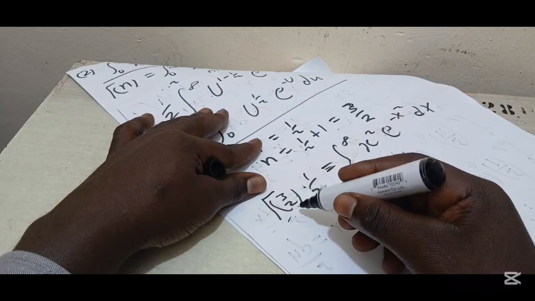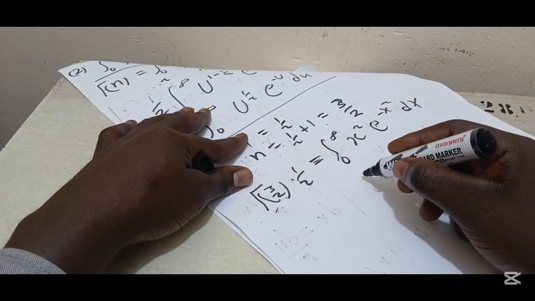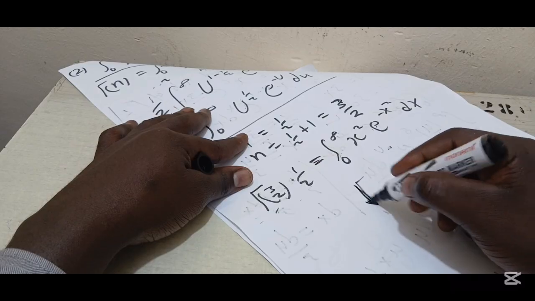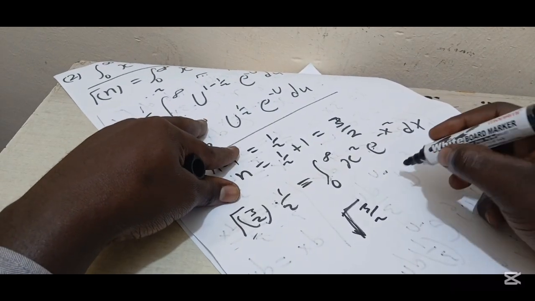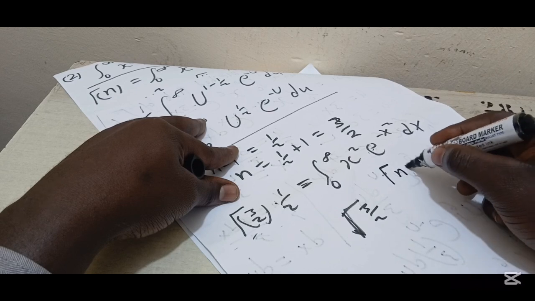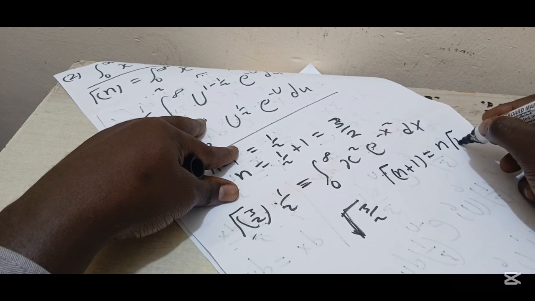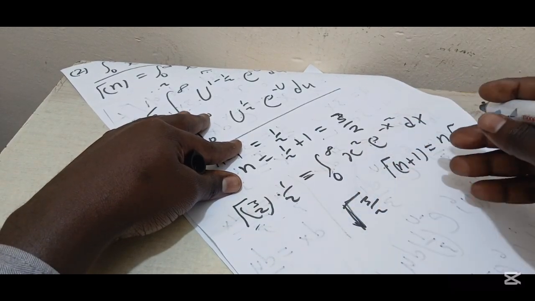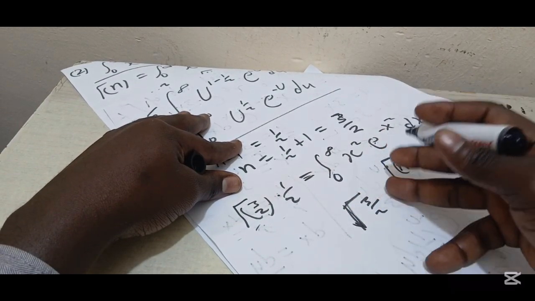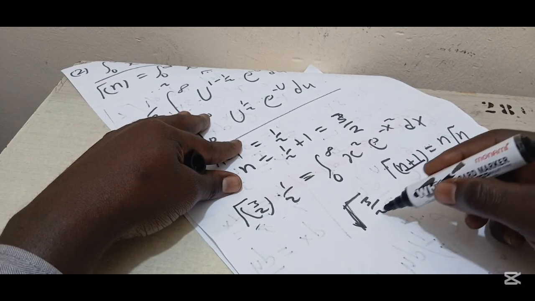So gamma 3 on 2, we want to simplify gamma 3 on 2. And we know that for fractions, the formula that we have to use is n gamma n, right? So we have to express 3 on 2 in a form 1 plus something giving us 3 on 2, right? So to do that, we can just equate this.